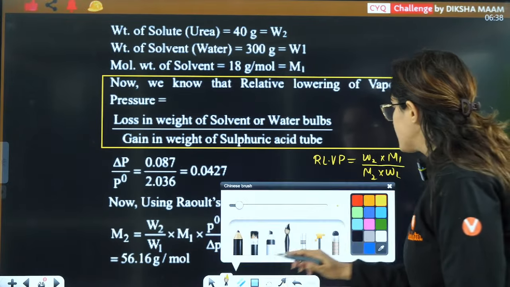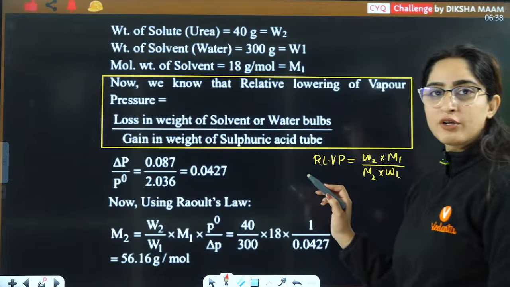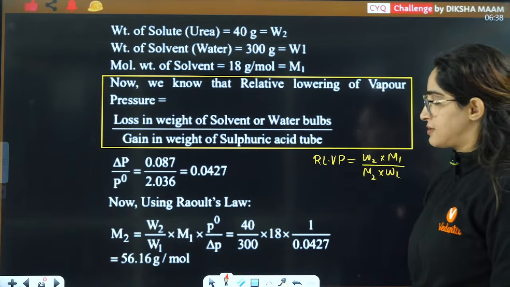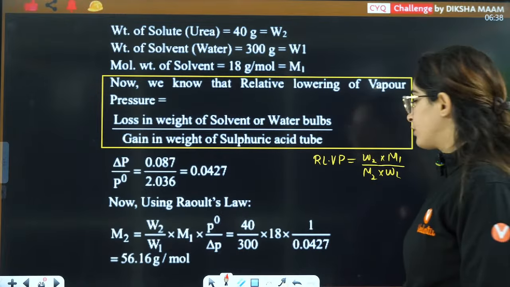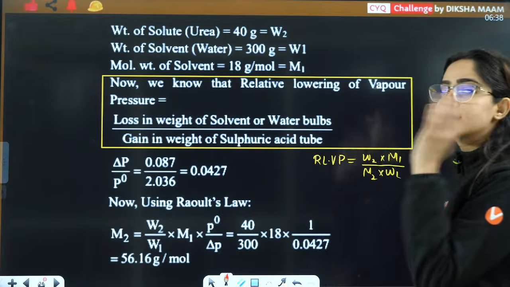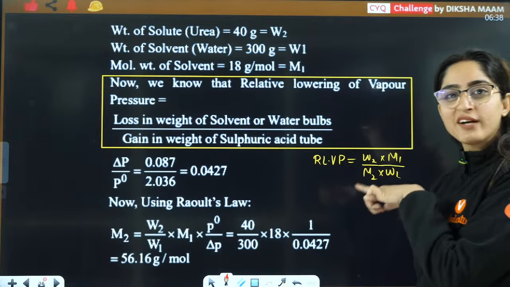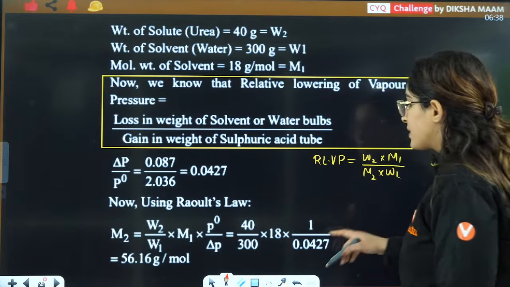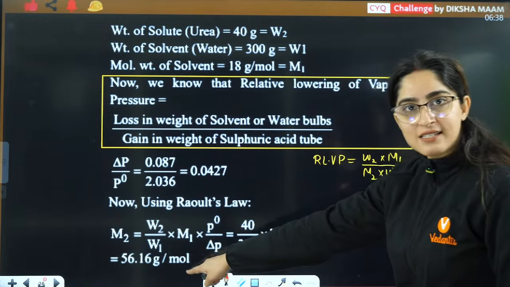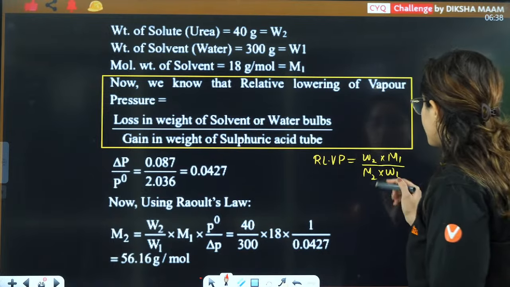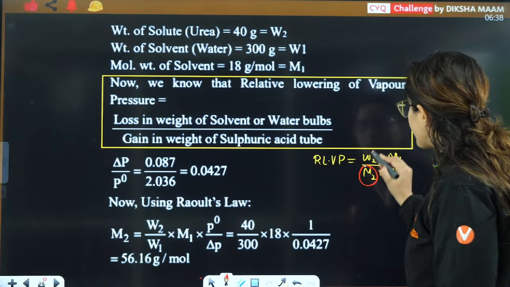Now, they are asking you the molecular weight of urea from this. You can't directly say this is the molecular weight of urea, you have to calculate it from here, because you can see the change here. It's not exactly 60. So that's why this M2 is what you have to calculate.